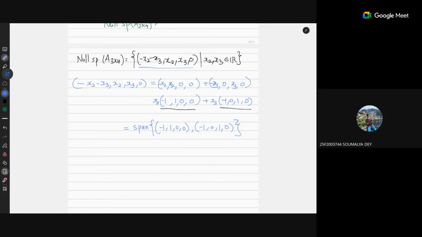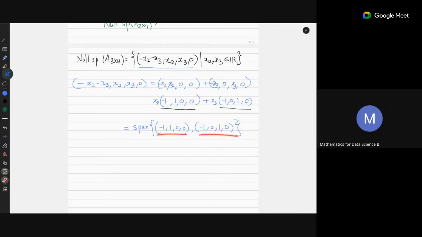Sir, in this case, the basis contains 4 vectors, isn't it? No, 2 vectors. Why 4? 2 vectors. They are in R4, but 2 vectors.